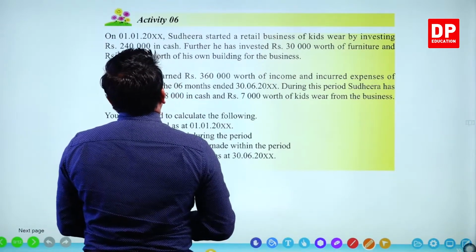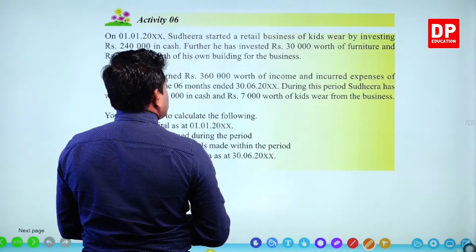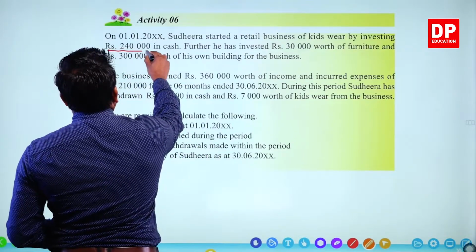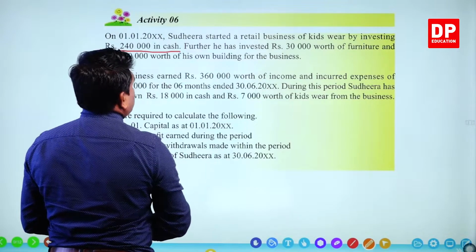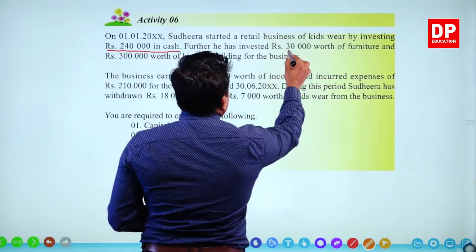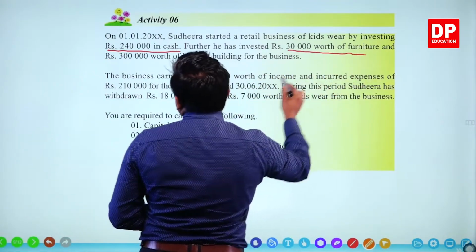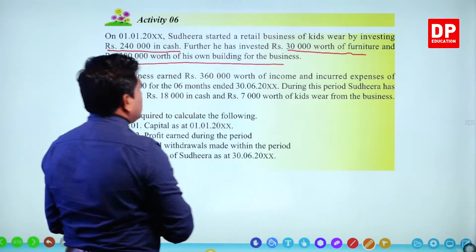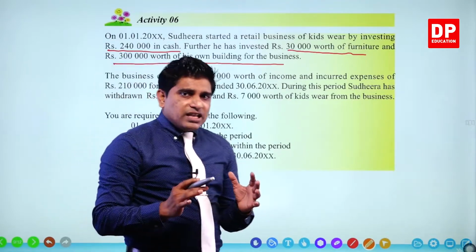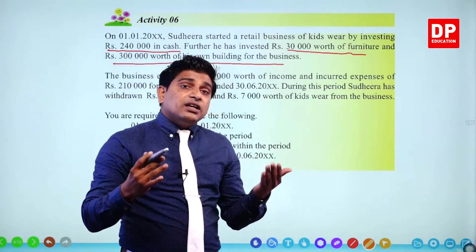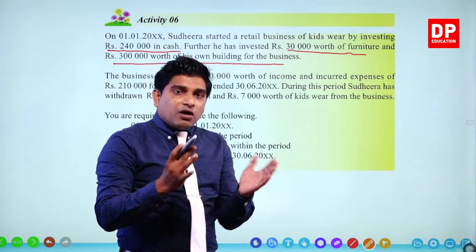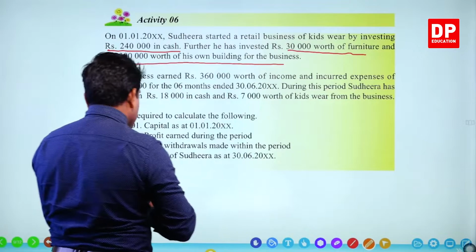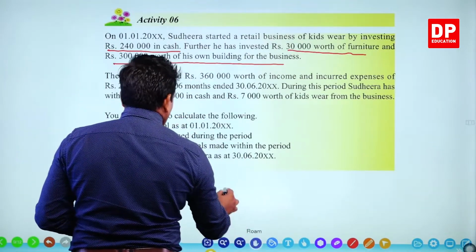Now, Sudhir started the retail business of kids wear by investing 240,000 in cash, 30,000 worth of furniture and 300,000 worth of his own building for the business. Not only money, as a businessman you can invest any other resources. All are called capital. Now, first we calculate initial capital. How do we calculate?